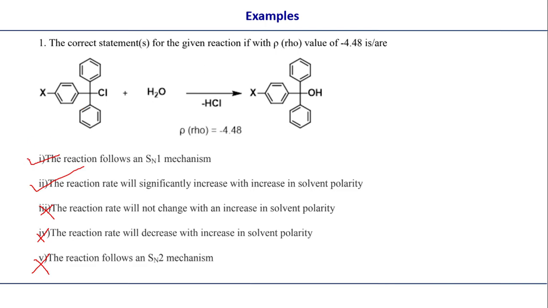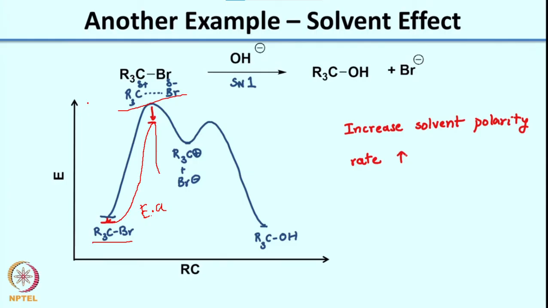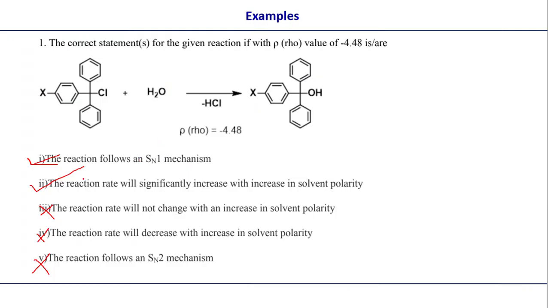So option number A is correct. Then with the increase in solvent polarity, the reaction rate will also increase, because we have learned that in the SN1 case, increased solvent polarity will increase the rate of the reaction. So the second option is also correct. Apart from these two options, others are incorrect.